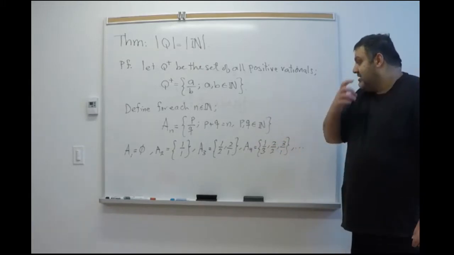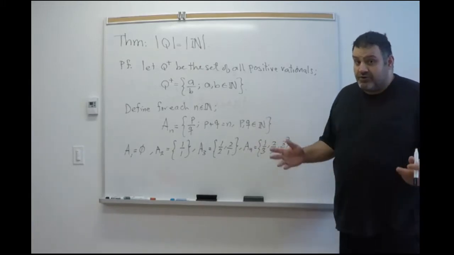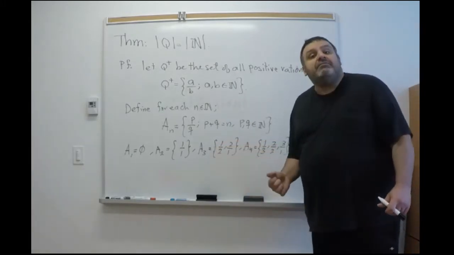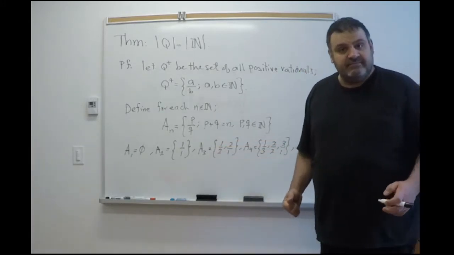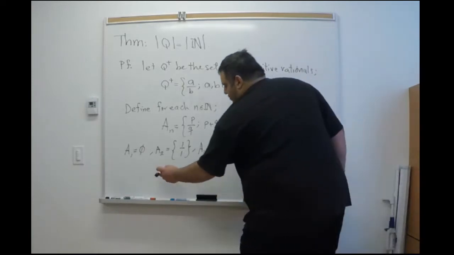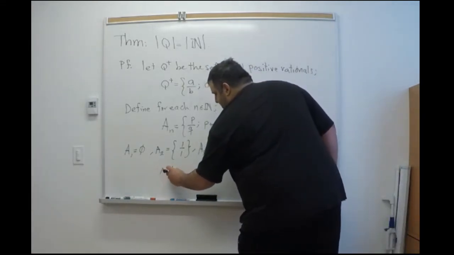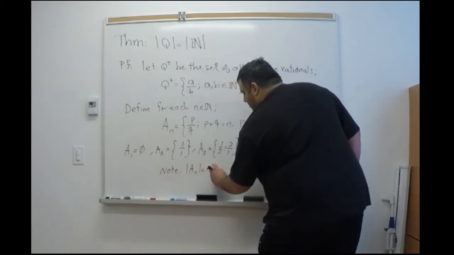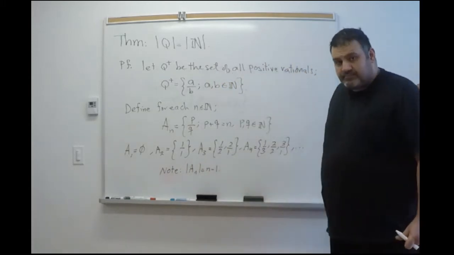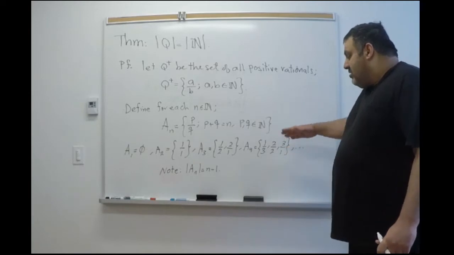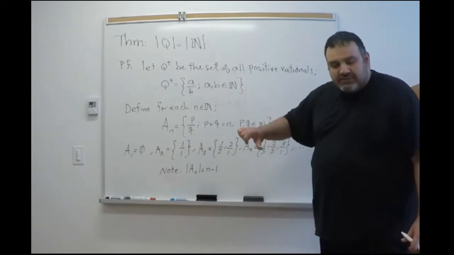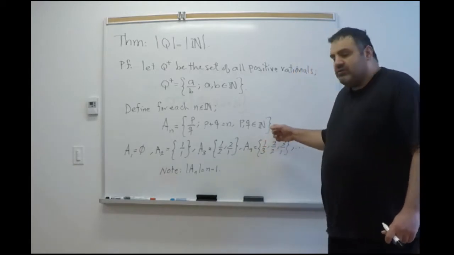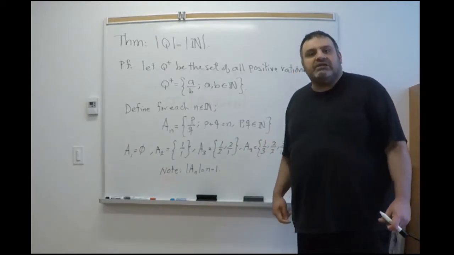By the way, it's a good induction proof for yourself to show that in general, A_n has n minus 1 elements in it. Just as a note, for those who are interested, the size of A_n is going to be n minus 1. But like I said, you pick the subscript, and you look at all the fractions whose numerator plus the denominator is equal to n.